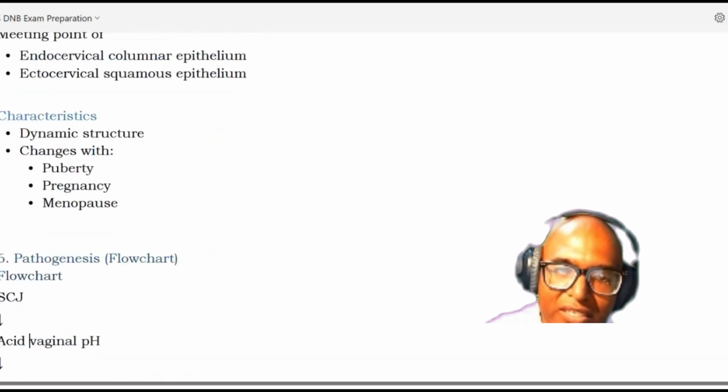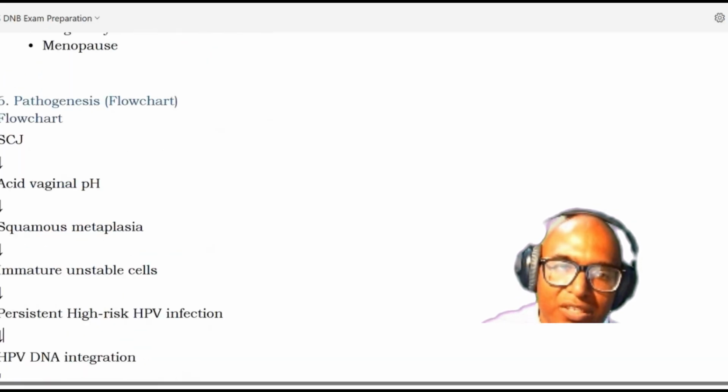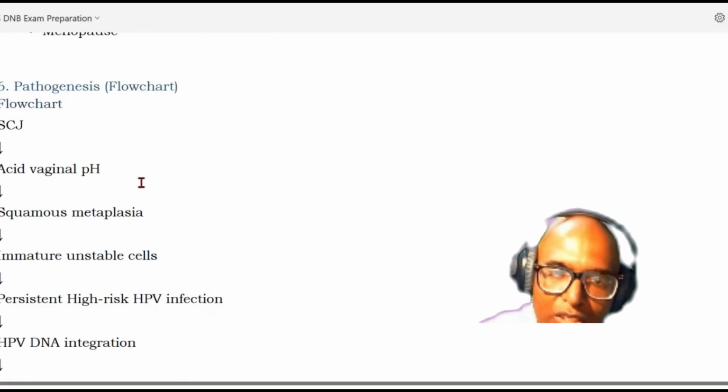Okay, so what is the pathogenesis? At this squamocolumnar junction, because of the acidity of the vagina and the acidic pH, there's a squamous metaplasia.